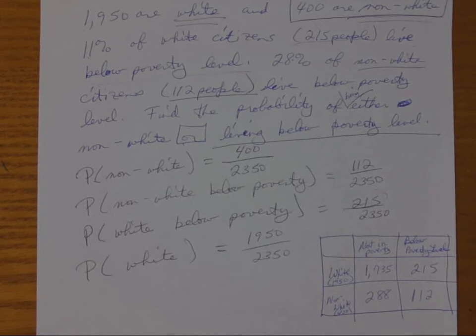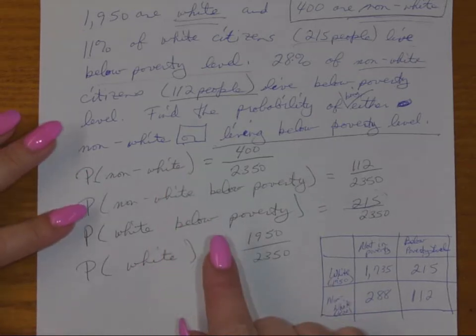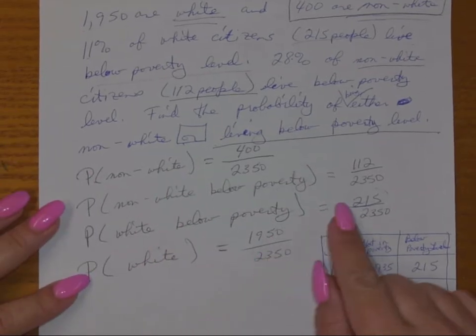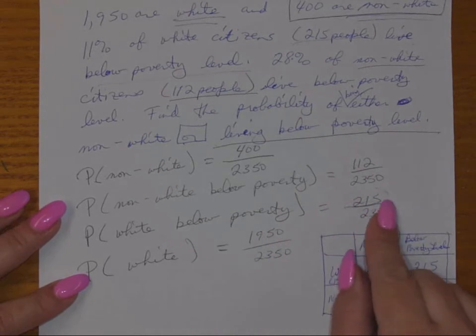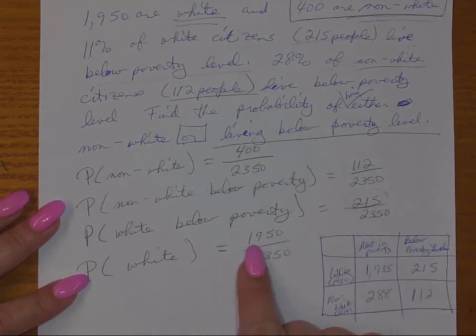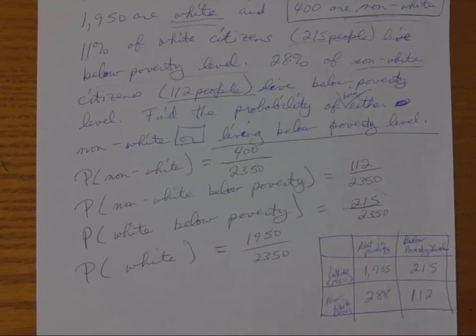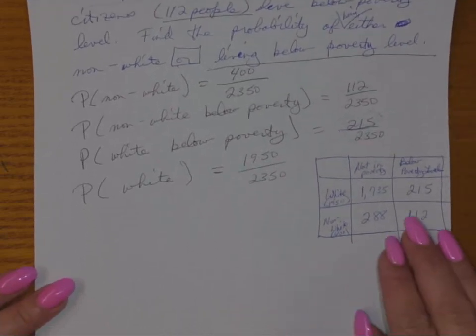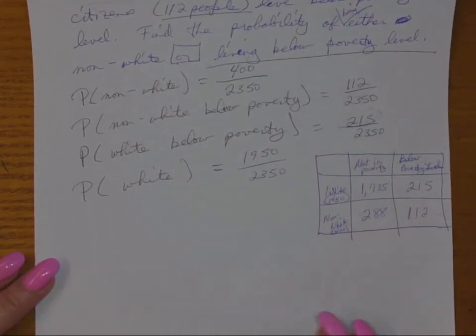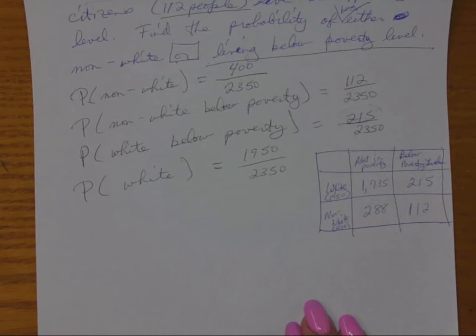So whenever I start looking at these groups, we have to be careful, because if I just talk about white people, the people in these subgroups, white people below poverty, those 215 people are in the 1950, right? So I need to do a little bit of arithmetic. It's similar to the Venn diagrams. This is just a nice table, and some people really like these because it helps them group them and see what's going on here.